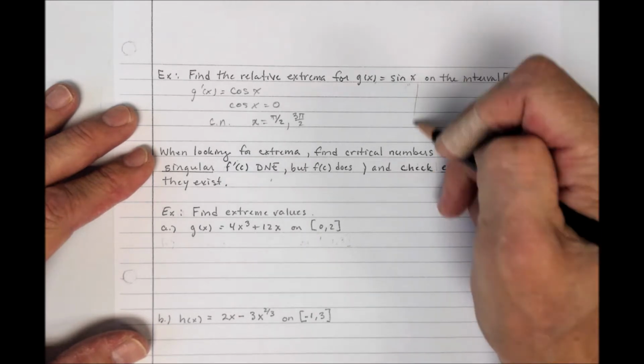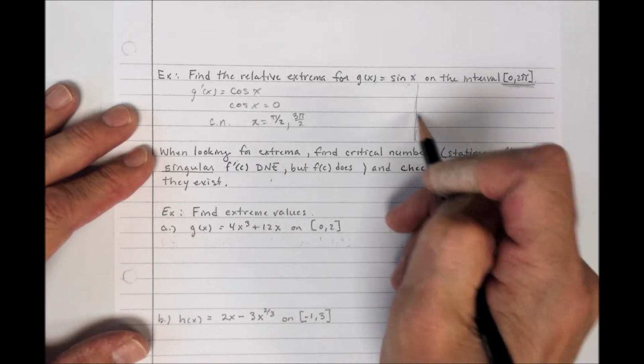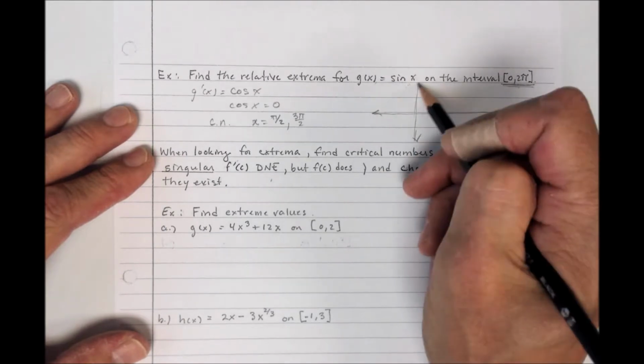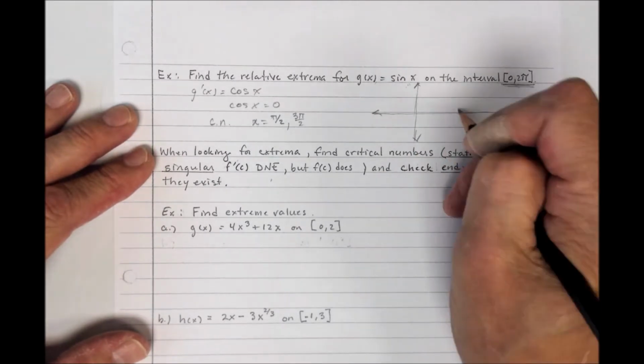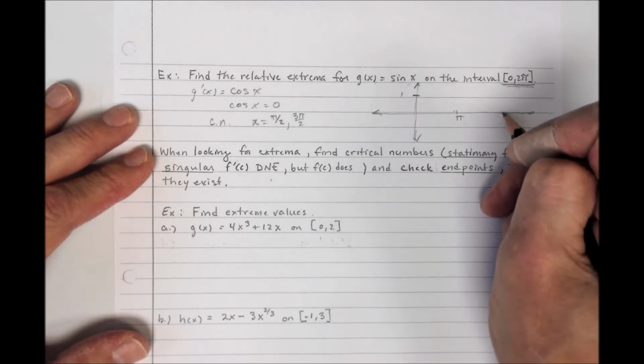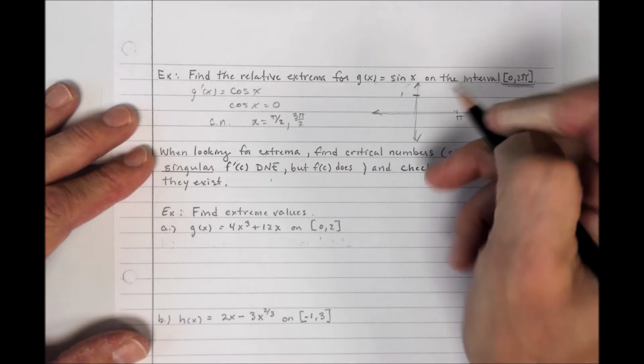Graphically, and I'm hoping that you guys remember a little bit about the graph of sine, even with the review that we had back in the prerequisite chapter. If this is pi, and we'll say this is 1 here, and this is 2 pi, our graph looks something like this.